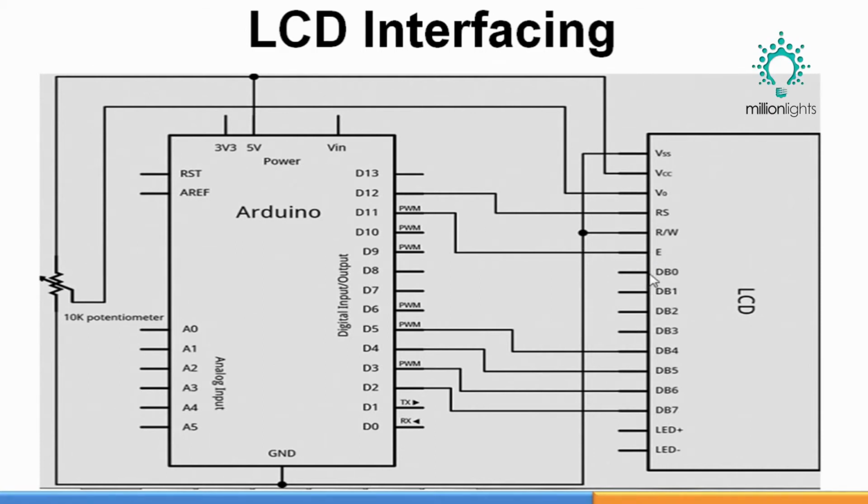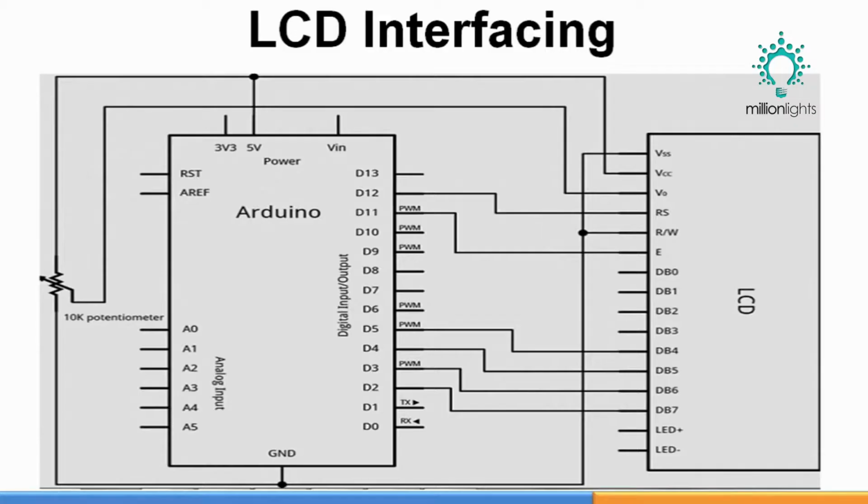Then there are two configurations in which you can use your LCD. You can use it in 8-bit data mode, which means you connect 8 pins from Arduino to the LCD and transmit one character in a single go. Or we can use 4-bit data mode, in which 4 pins from Arduino are connected to the LCD, and for sending one character we have to send the data 2 times: 4 bits in one go, the LSB first, then the MSB in the second go.